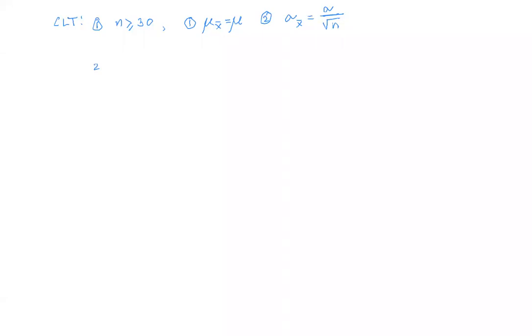And case number two is what if n is less than 30? In that case, what happens? Do these properties still hold true? The answer is yes, it does, but under certain circumstances. First, if the population from which you are sampling has a bell shape, normal, that means the sampling distribution is going to be normal too.